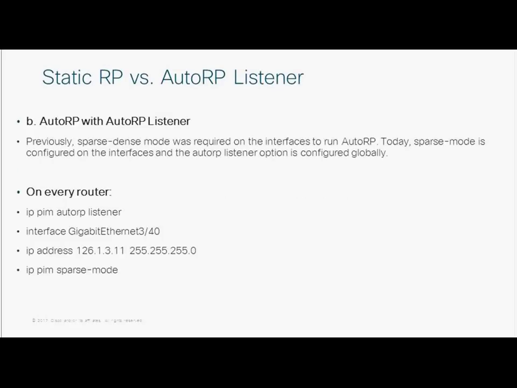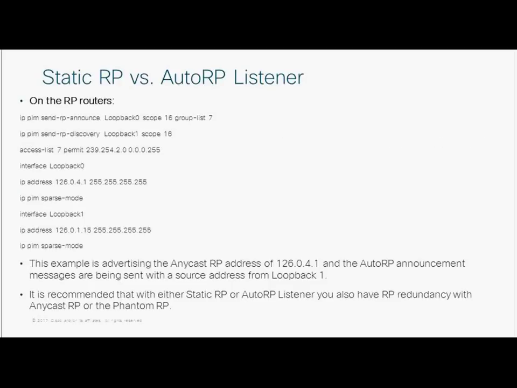In the auto RP listener, you define the auto RP listener, and that's it. They will learn the auto RP information. Here is another example of how to configure the auto RP. In this case, this is the configuration for our RP sending the announce. The first line is saying I will send an announce over my loopback 0 with a TTL of 16 for group 7, meaning those are the groups that I want to become the RP.